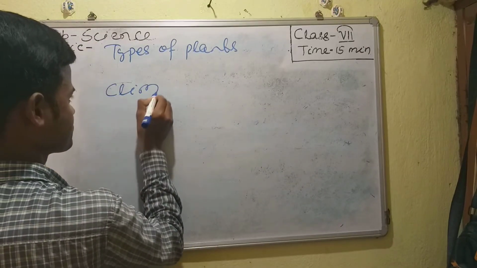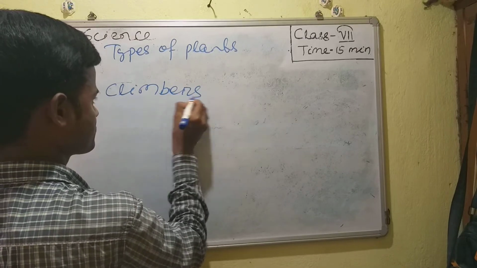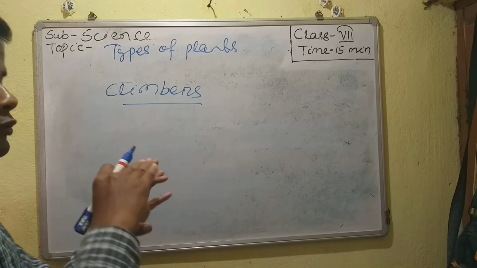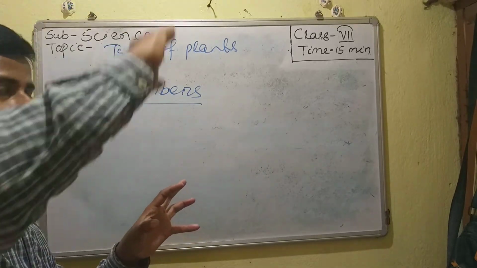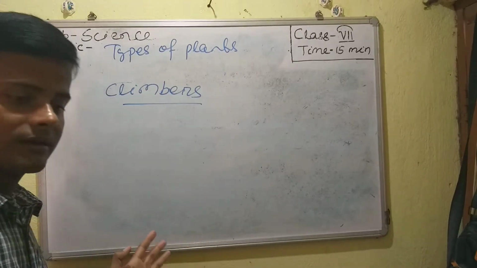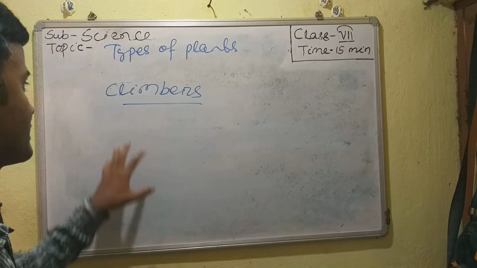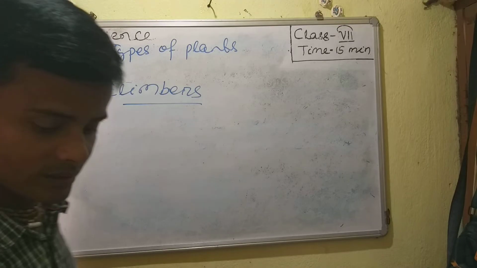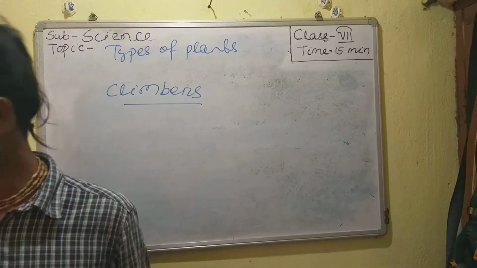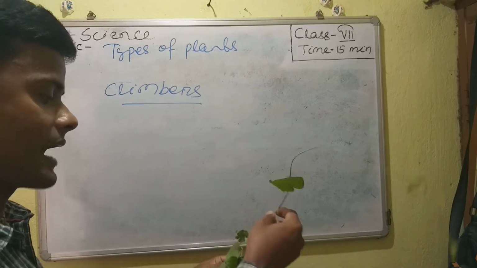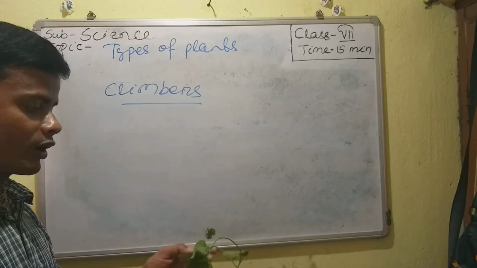Climbers, right? From the name we can say that climbers are those plants which climb, which means they cannot grow upright on the ground by themselves. There are certain plants whose stems are so soft, weak, and soft.